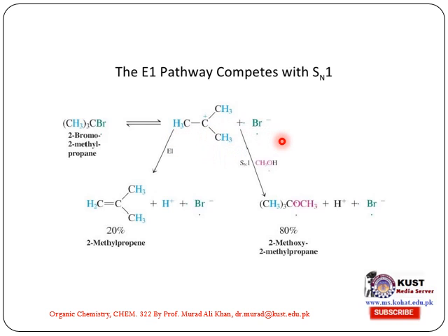Now, both the reactions are possible depending upon the conditions. E1 is possible, and we get 20% of 2-methylpropene, or SN1 is possible, and we will get 80% of 2-methoxy-2-methylpropane here.